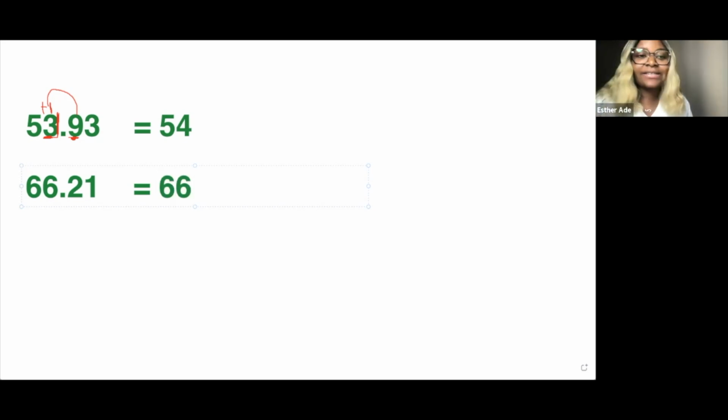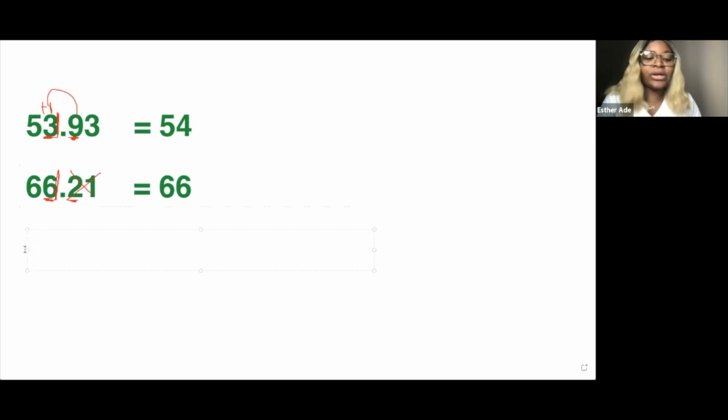Because again, rounding to the nearest whole number, my answer stops right here because I don't want a decimal at all. I need to get rid of it. So I lock the door. This is my next number. Is it up to 5? No. If it's not up to 5, I get rid of it. So I'm left with 66.